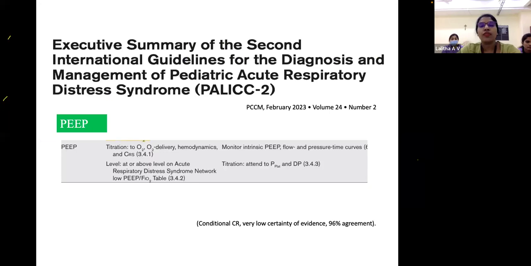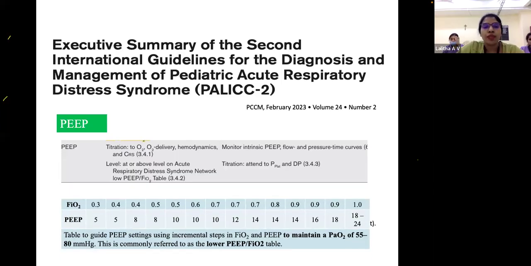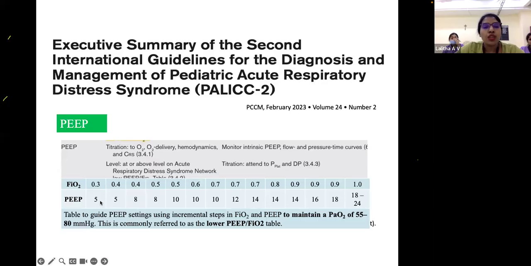So again, we always look at the PALICC guidelines. The guideline says the PEEP should be titrated based on the oxygenation, hemodynamics and the compliance. While doing that, monitor for the intrinsic PEEP, flow and pressure time scalar. The level should be at or above the ARDS network low FiO2 table. So they recommend to use low PEEP. You remember the low PEEP and high PEEP.